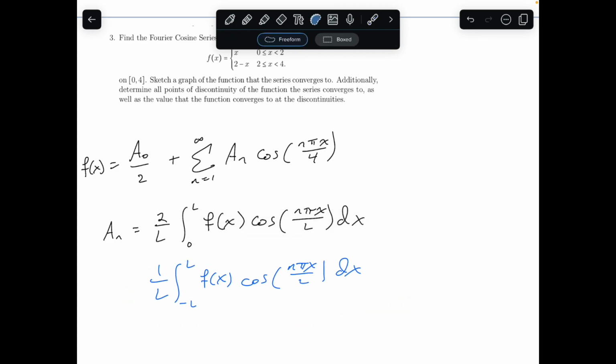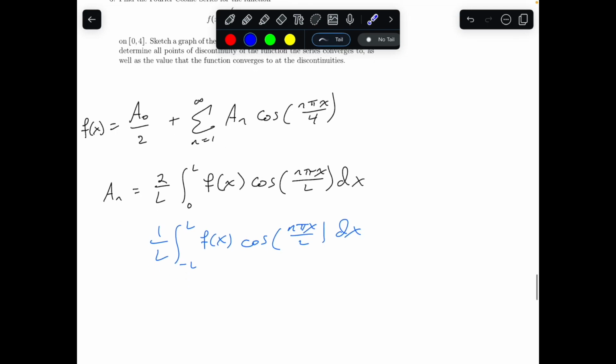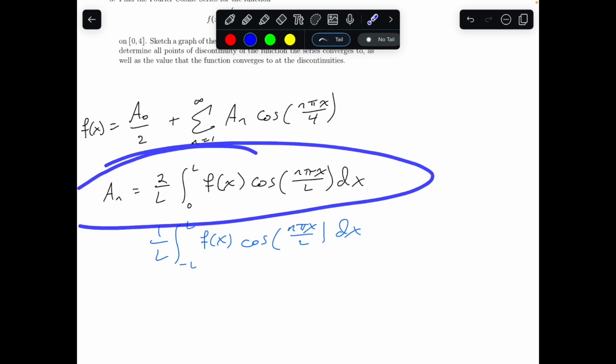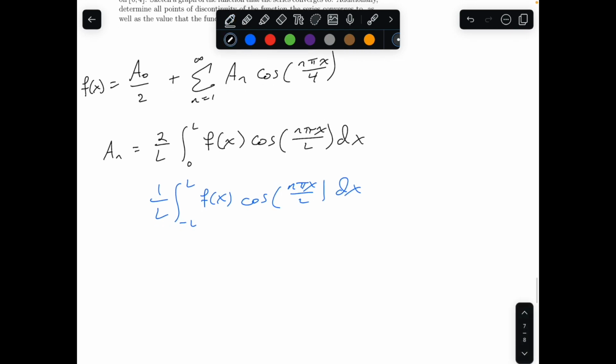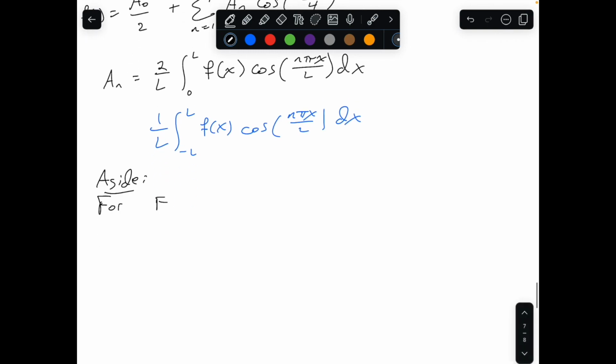Now that said, when you get to just regular Fourier series, that logic is no longer necessarily true. I'm just going to go on this tangent here.